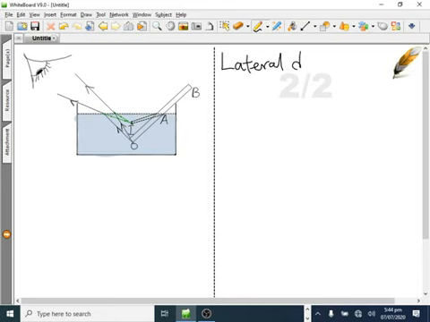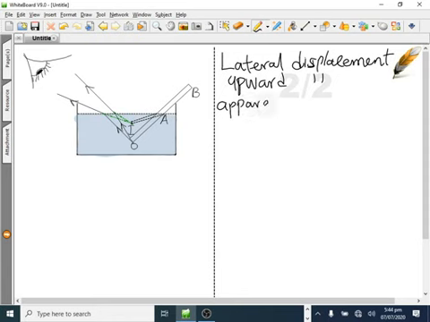Lateral displacement can also be called upward displacement or apparent displacement. Now, don't get confused.